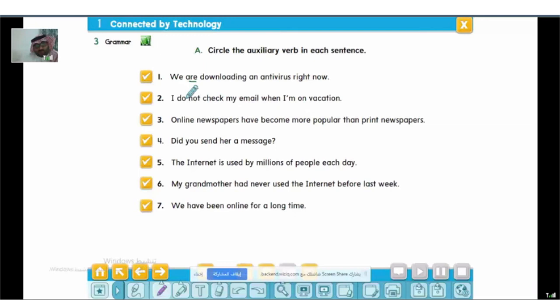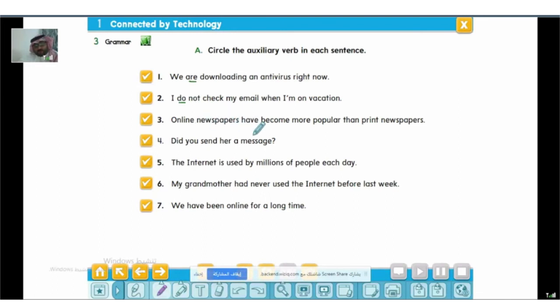Next sentence. I do not check my email when I am on vacation. Where is the auxiliary verb or helping verb? This is the auxiliary verb. And sentence number 3.